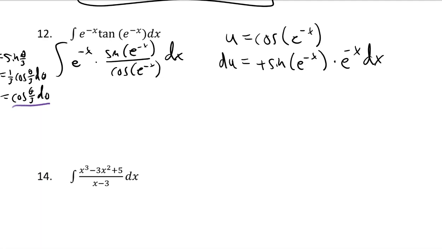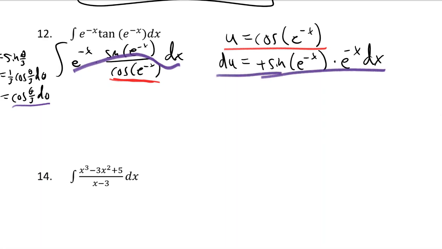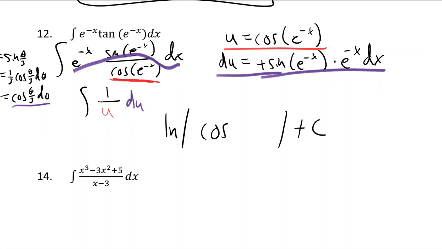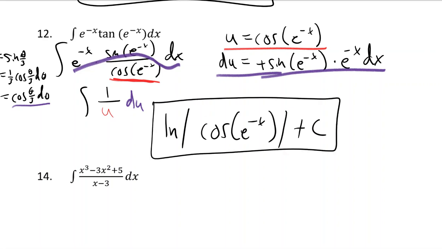And so I haven't made these substitutions yet, but it's looking like a great fit. Got 1 over u there in red, and this stuff looks to be a perfect fit for du. So all of this can be written as 1 over u du. So your answer should be the natural log of the absolute value of u plus c.